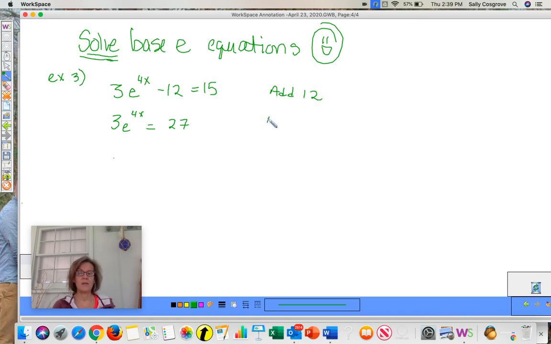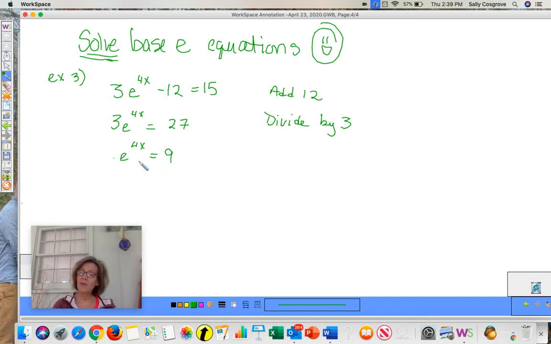Divide by 3. And we have e to the 4x equals 9. Right? So you see what we've done? We've isolated e by undoing these other pieces. And now all we have is e to the stuff equals 9.